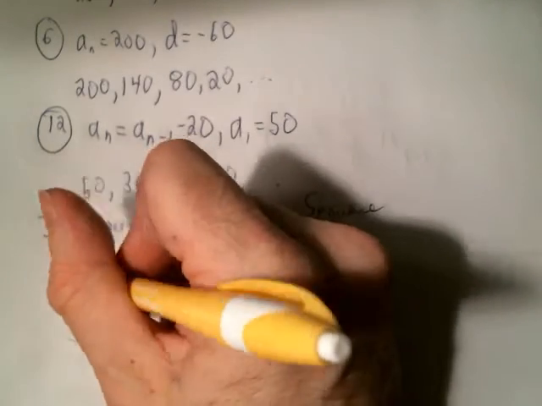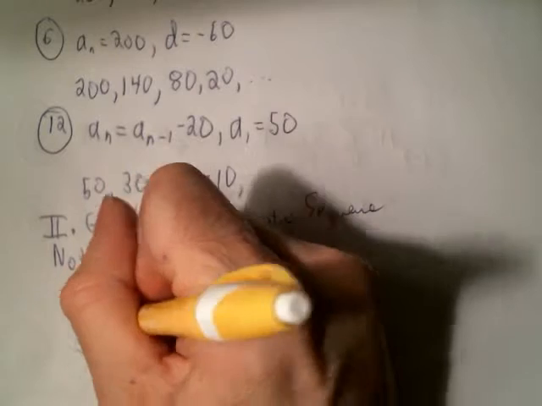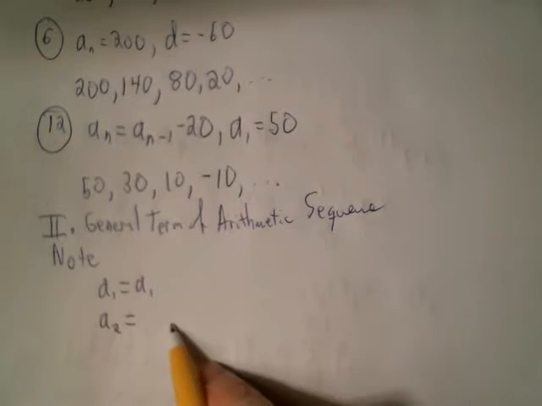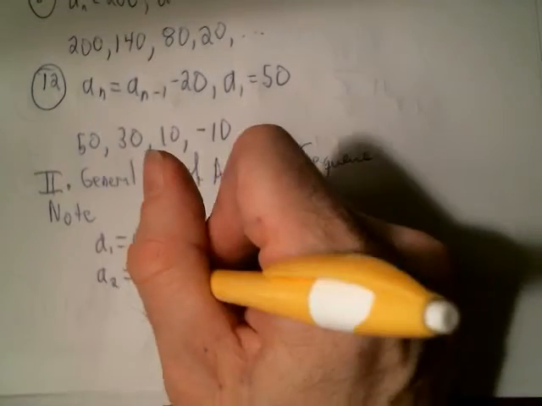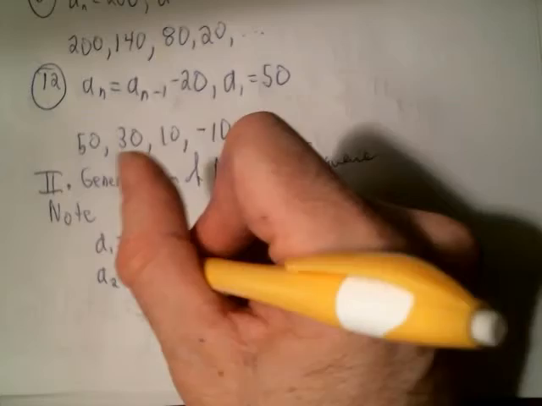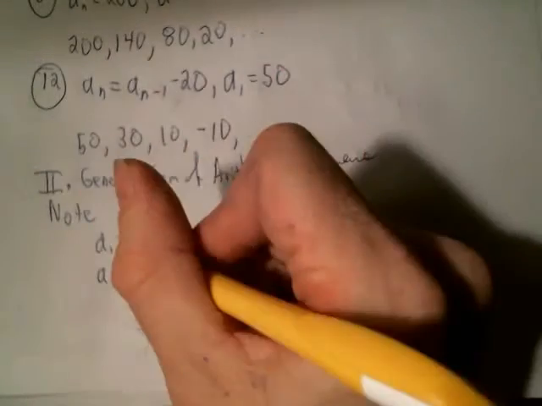So note a sub 1 is equal to a sub 1. A sub 2 is equal to the previous guy plus this d value, this difference value. So we're using the recursive formula to produce a general formula. And we're going to do it by iteration, by pattern recognition.